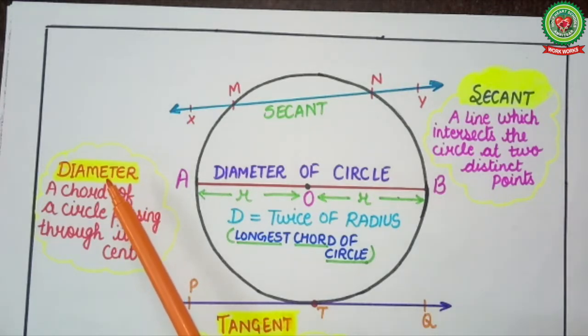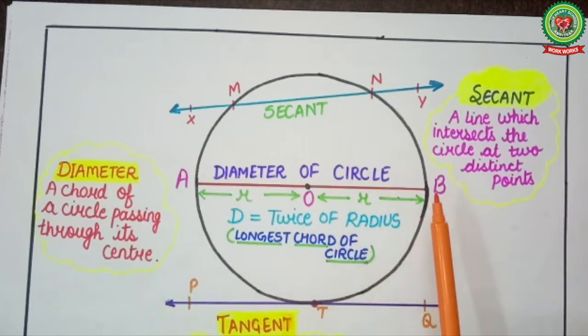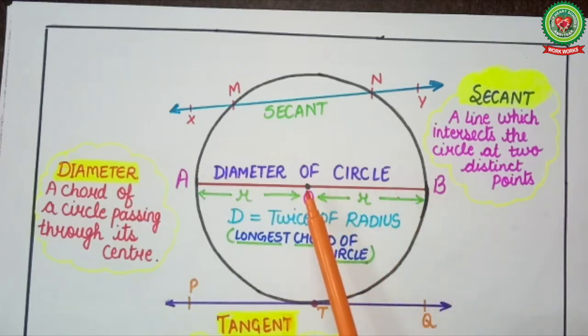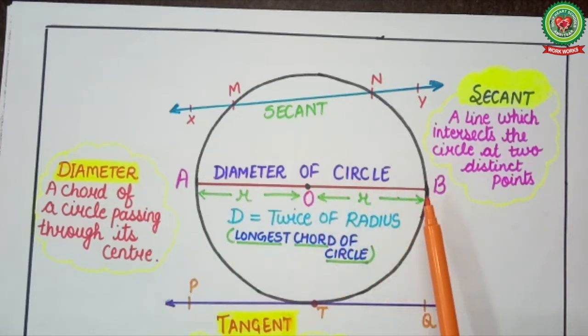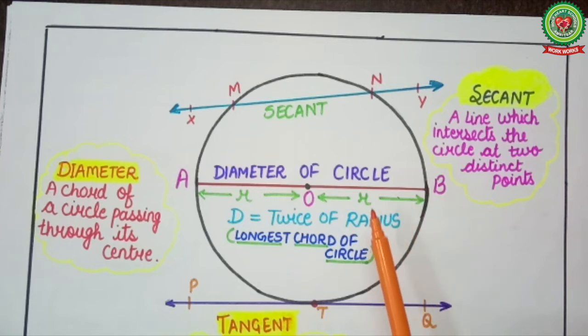Just now I have told you that a line segment joining any point to the center is known as radius. So, diameter is formed by 2 radii. Therefore, diameter equals twice the radius.